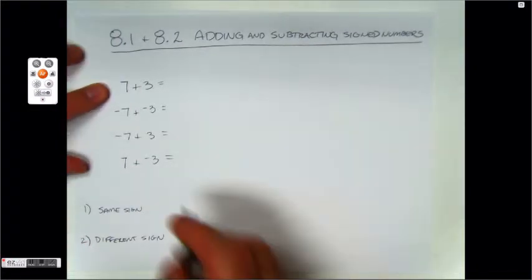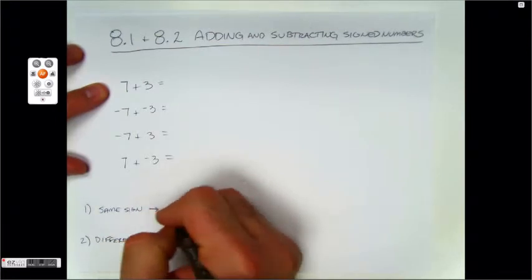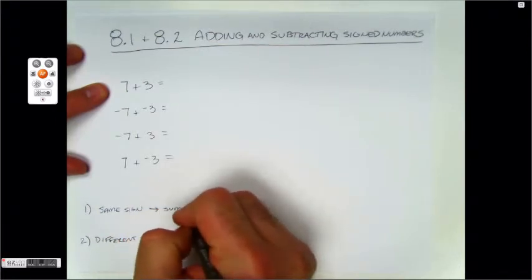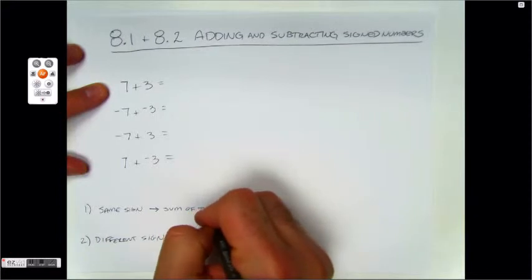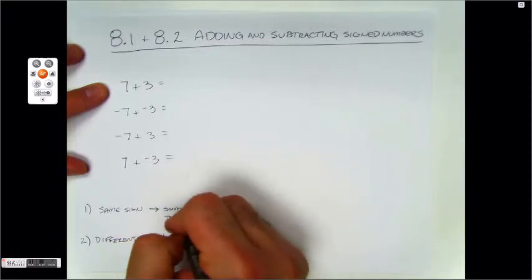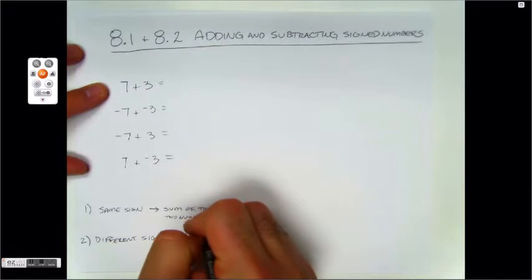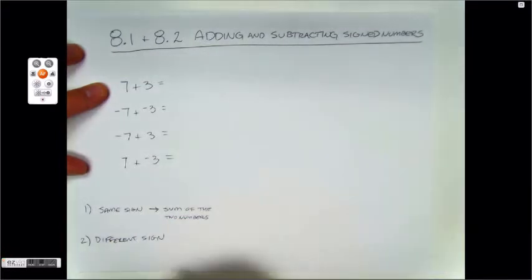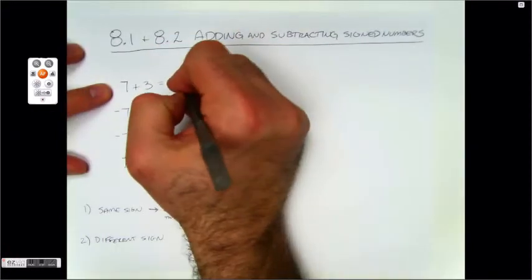So if they're the same sign, here's what I want you to do. I want you to take the sum of the two numbers. Now, sum we know to be addition. So the sum of 7 and 3 is 10.